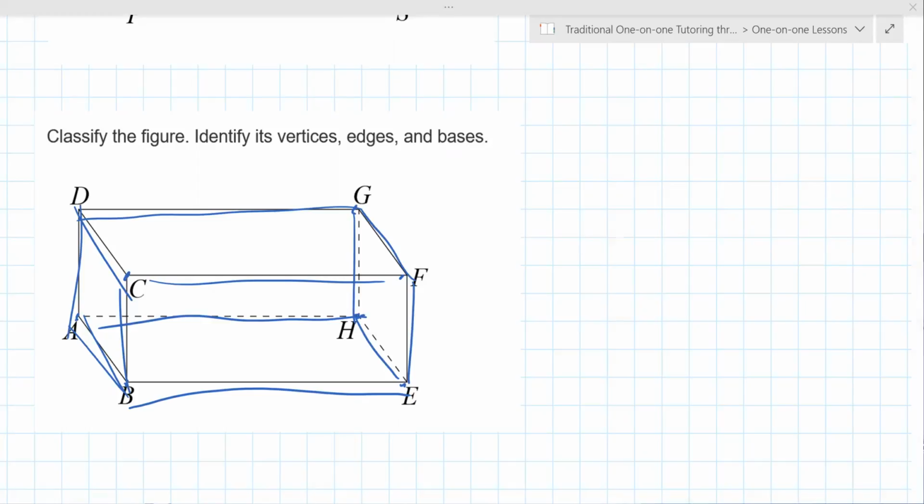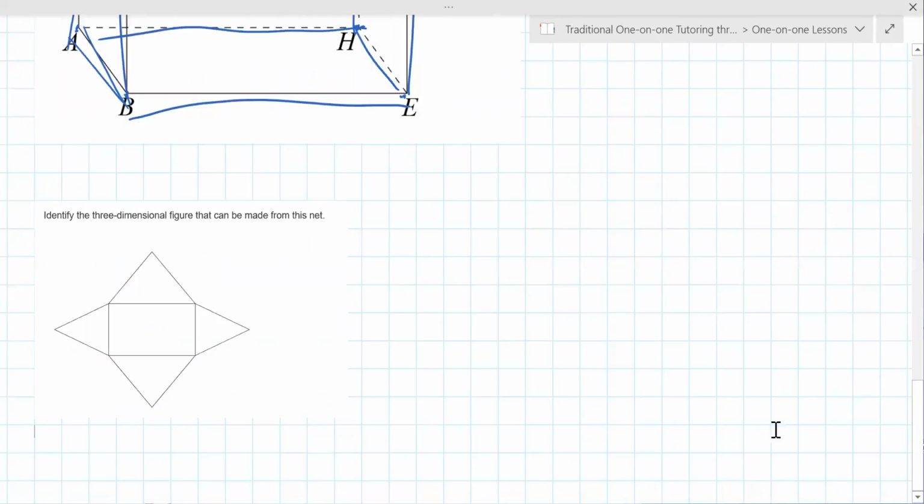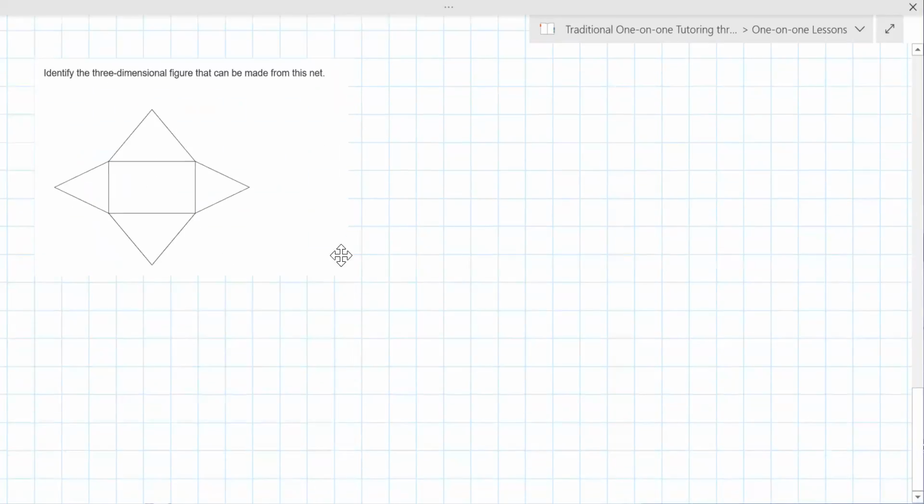All right. So the next two problems, I think these are probably the hardest to do. It would actually be a really fun in-person project to figure out what this folds up into.